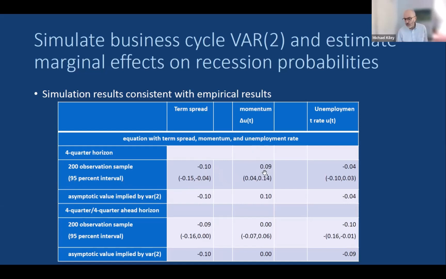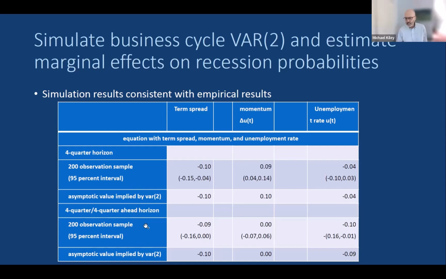Similarly, momentum, the change in the unemployment rate, is a really good predictor, strongly statistically significant. If there's a lot of momentum, you're not going to see a recession in the next 4 quarters. And the level of the unemployment rate is not useful at the 4-quarter horizon relative to those other variables. Again, those are exactly the results that showed up in the data.